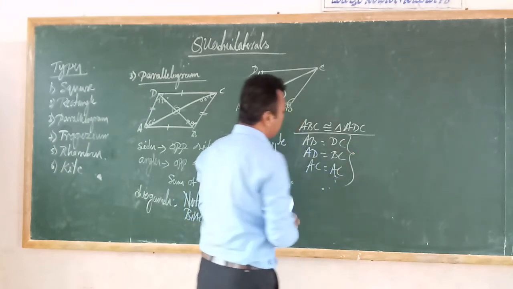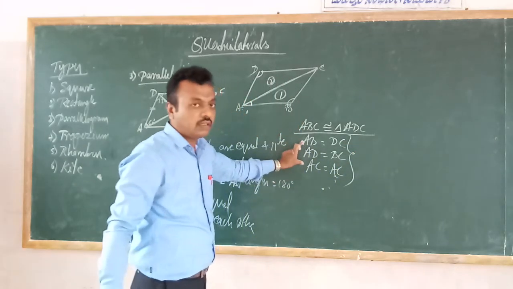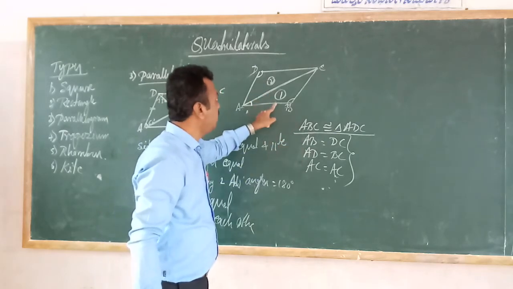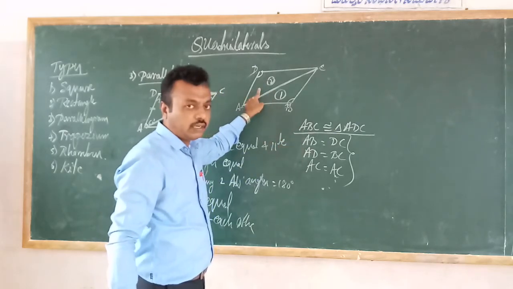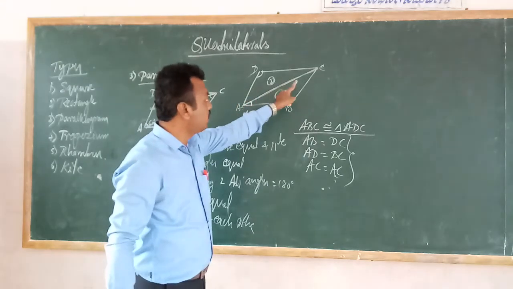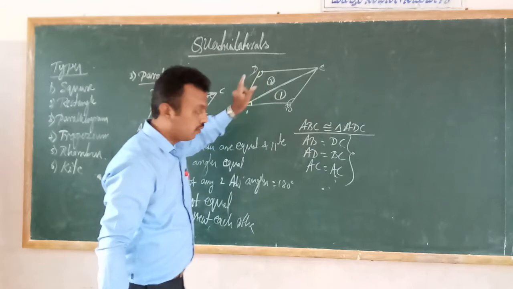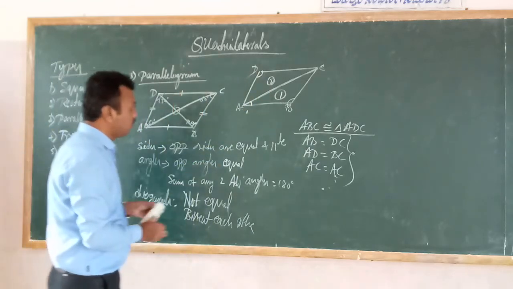Correct. Therefore, these three elements are equal. Therefore, ABC and ADC are two congruent triangles, so the diagonal divides a parallelogram into two congruent triangles. Okay. So next concept.